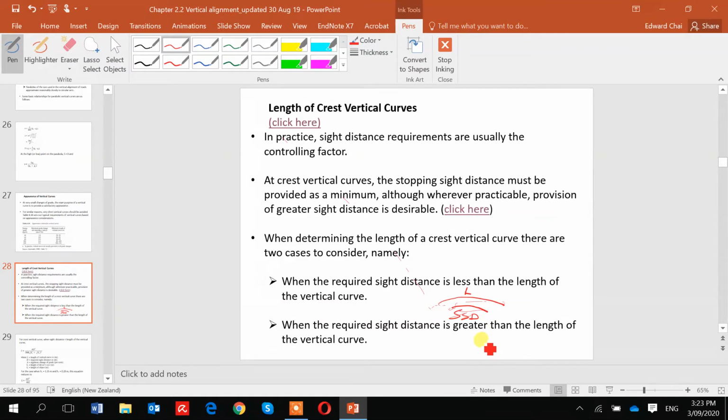For this one, the stopping sight distance is greater than the curve length. L is up there, and the SSD is longer. So these are the two cases that we need to consider.